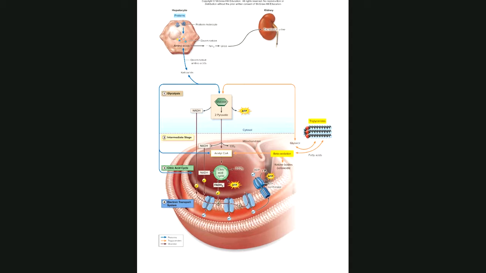Okay, so now if we zoom into this, this is the whole picture here. What you can see here is you can take protein. I said that we can convert protein into glucose.